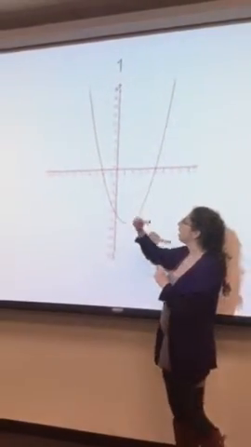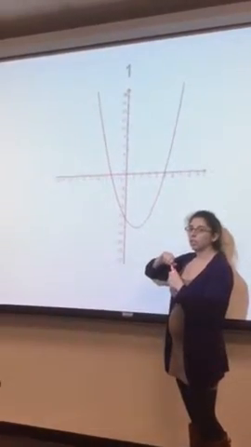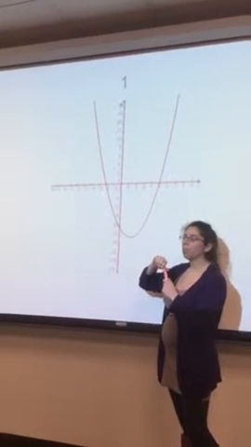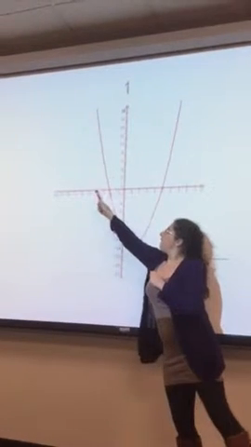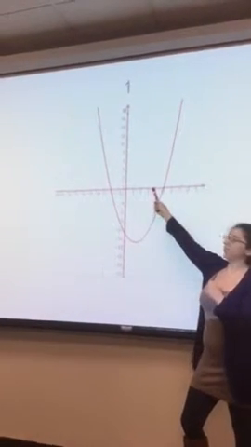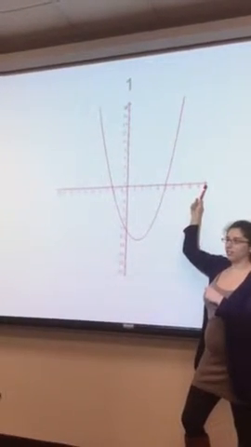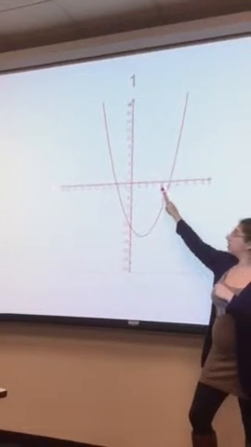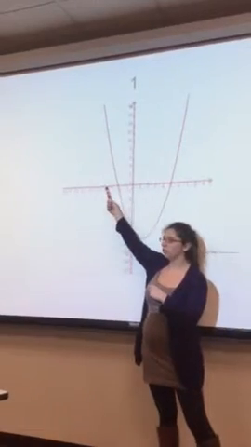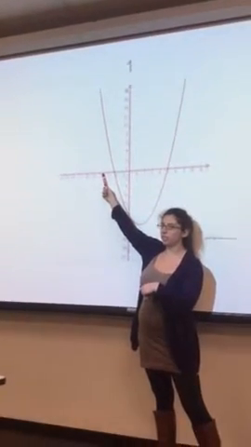Y. Where does y equal 0? What line on this graph is y equals 0? X-axis. Okay. So do we have x is plus 5? Yeah. Do we have x is negative 2? Yes. Does this seem accurate?